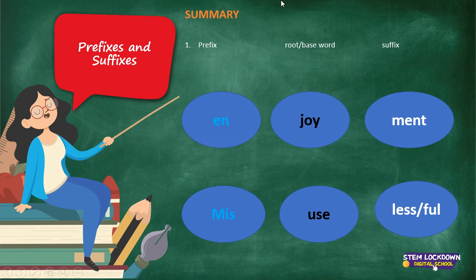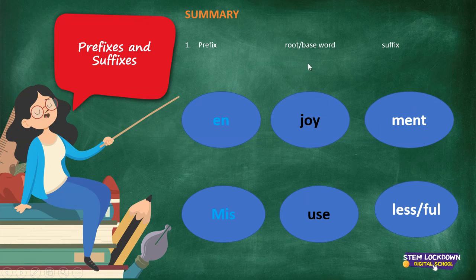Okay, so let's just do a quick review of everything that we've done. We said you always have the root or the base word, and then you will be asked to provide a prefix or a suffix. And sometimes you might be given a prefix and you'll be asked to add a suffix.